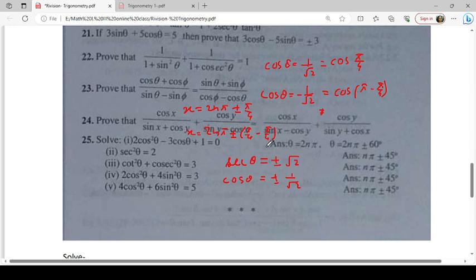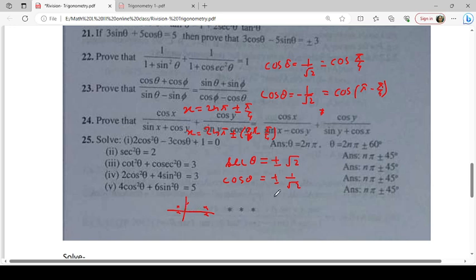If we look at the quadrants, twice n pi plus minus pi by 4 means this one and this one, and twice n pi plus minus pi minus pi by 4 means in this quadrant.